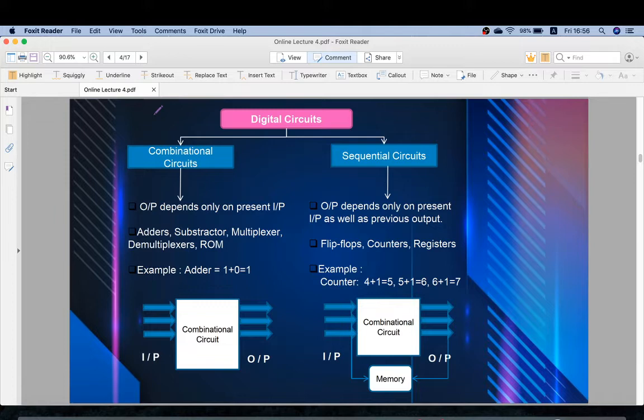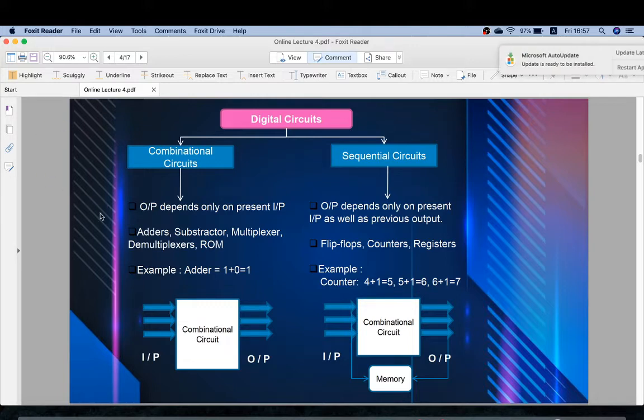But in sequential circuits, output depends on present input as well as previous output. In a combinational circuit only input is important, but in sequential circuits, input as well as the previous output, the output of your previous procedure, is also important.